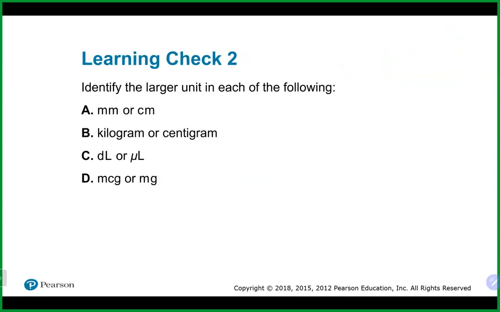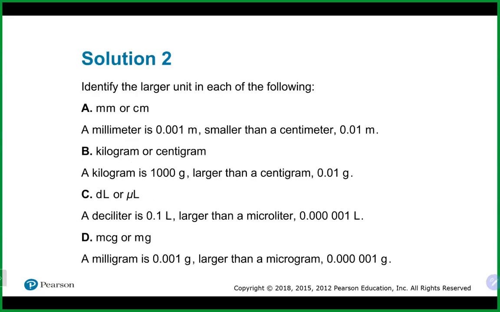So for the larger unit in each of these, let's take a look and see. We have millimeters and centimeters. A millimeter is smaller than a centimeter. Remember, on a ruler, there's 10 millimeters in a centimeter, the little dashes on the bottom. A kilogram and a centigram. Kilo is 1,000, centi is like 100.